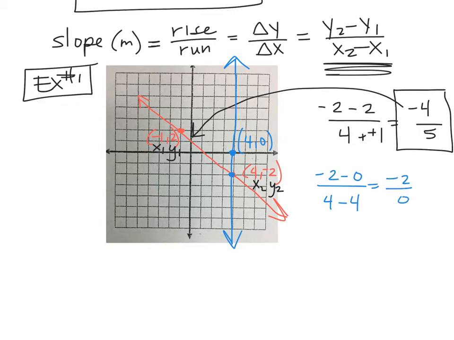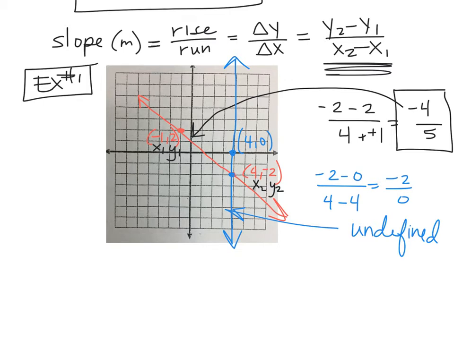What's the issue with dividing by 0? Can't do it. It is undefined. So this would be undefined for a vertical. Horizontal is 0. Vertical is undefined.